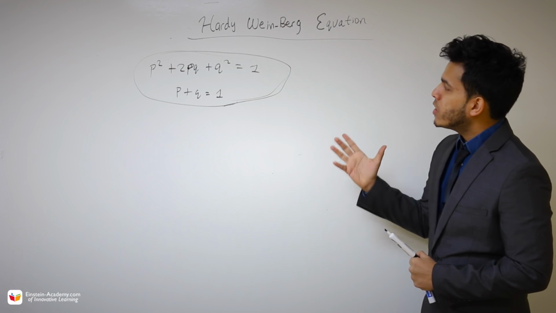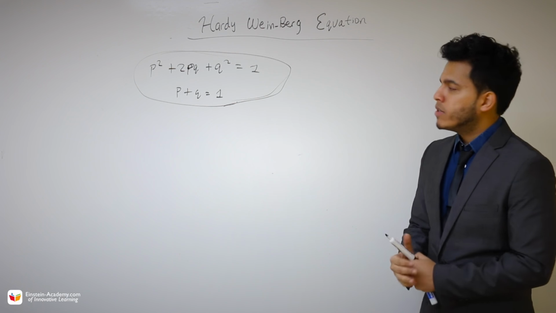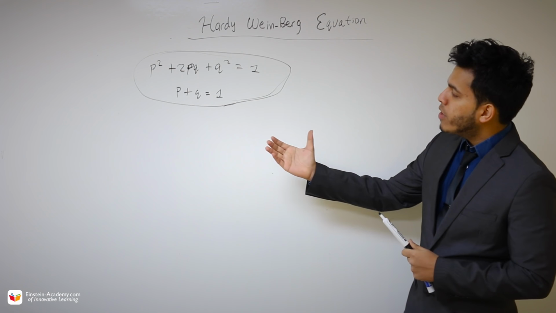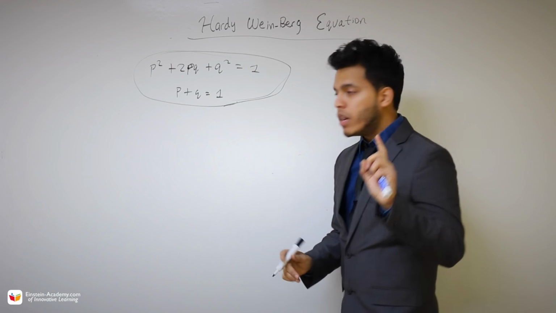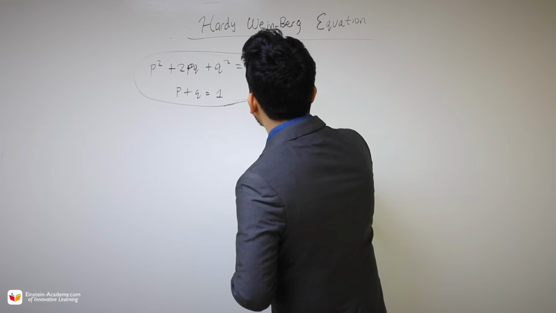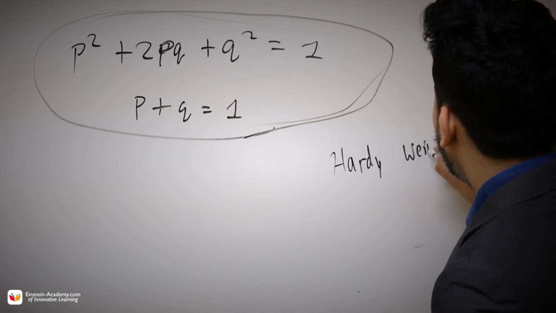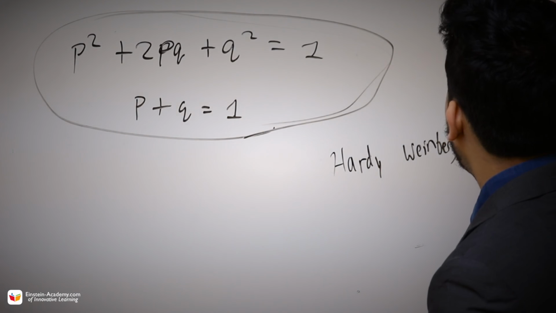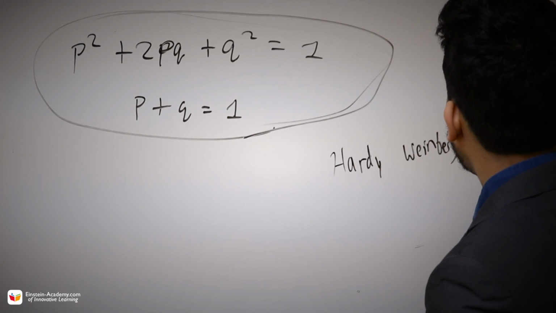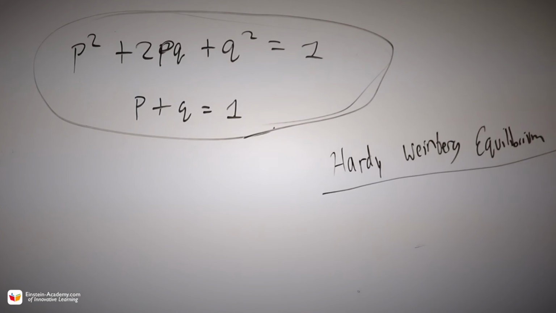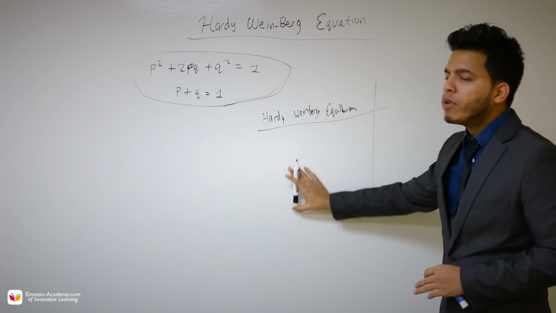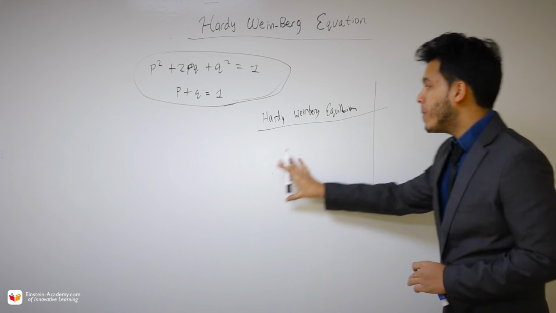And Hardy Weinberg basically proposed certain ideas, and he said that, for a population to not undergo evolution, so if we stay at Hardy Weinberg equilibrium, there have to be certain parameters that must be maintained.